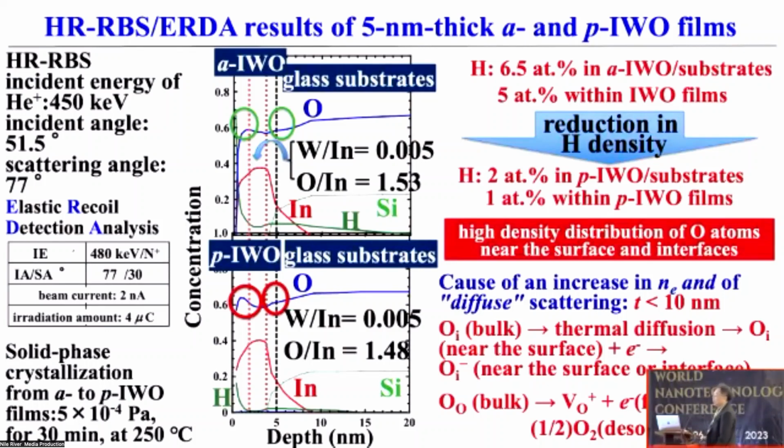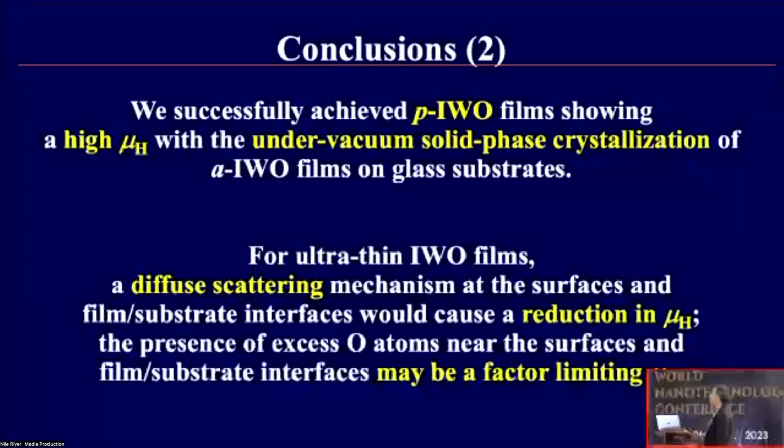This is a cause of the diffuse scattering at the surfaces and the interfaces. And in such a case, we find the hole mobility or carrier transport decreases with decreasing film thickness. And we successfully achieved polycrystalline IWO thin films showing a high hole mobility.